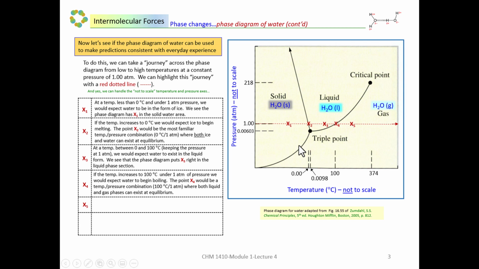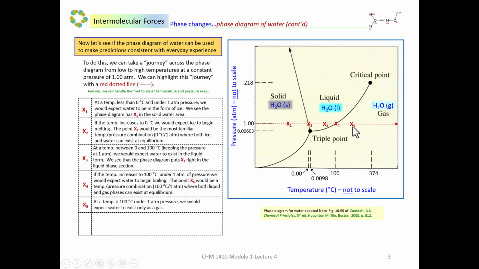If we continue to heat or increase the temperature, then point x5 is within the gas region of the phase diagram. It makes sense. We're now at greater than 100 degrees. We've turned the liquid into a gas. This makes perfect sense from our everyday observation.